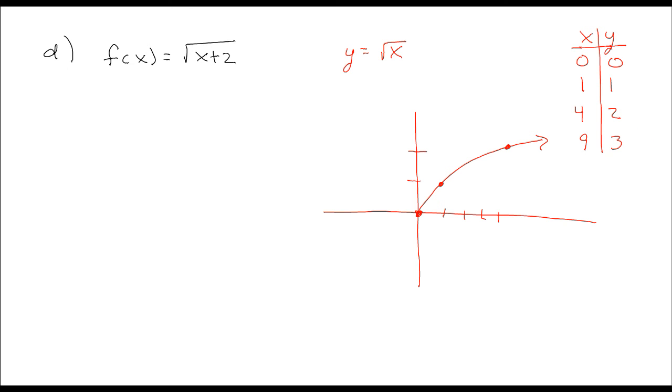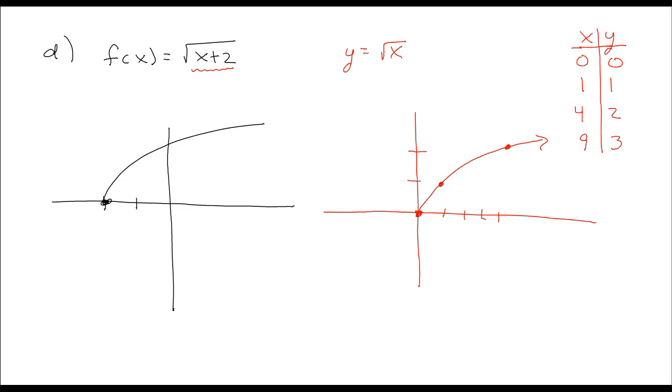Now, just like I've been saying on the quadratics, when you're looking inside of something, since it says x plus 2, I actually want to think minus 2. So the graph I want is actually going to shift 2 units to the left, and then go up. So the x-intercept based on this is negative 2, 0.